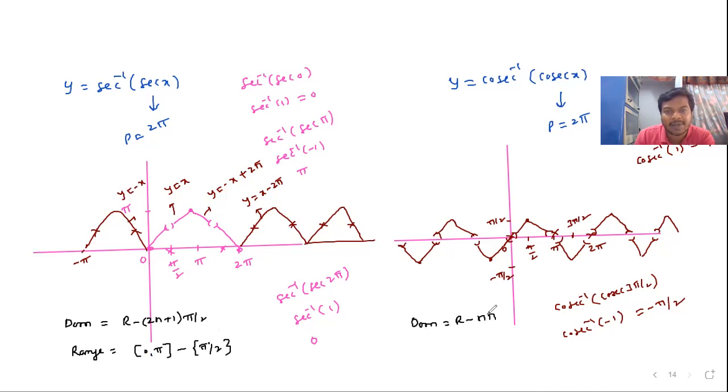R minus n pi, n an integer. And what is the range? From minus pi by 2 to pi by 2 except 0. This is about the graph of y equal to sec inverse of secant x and cosecant inverse of cosecant x.